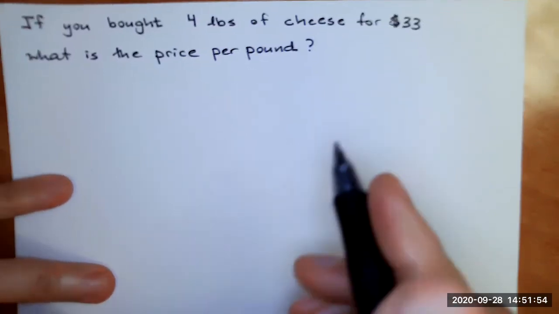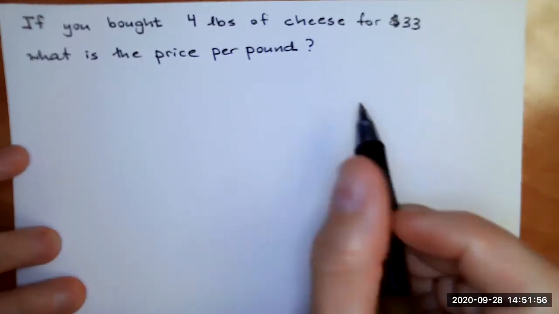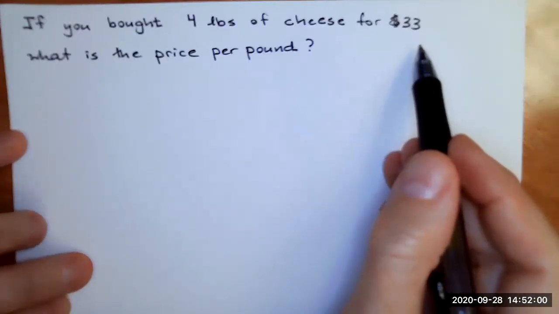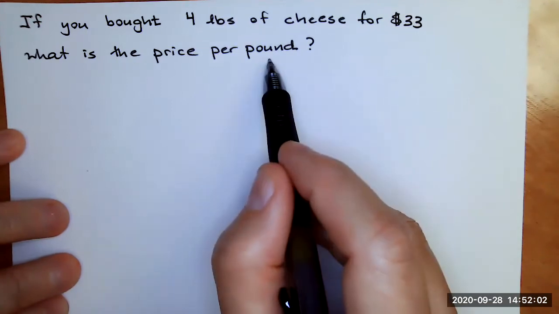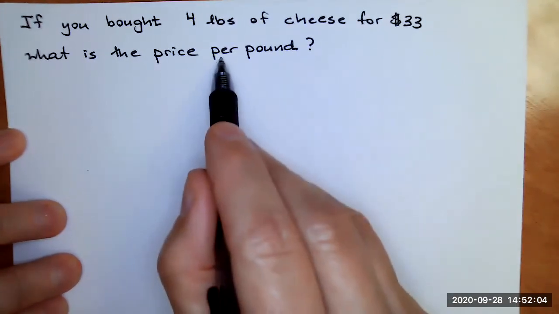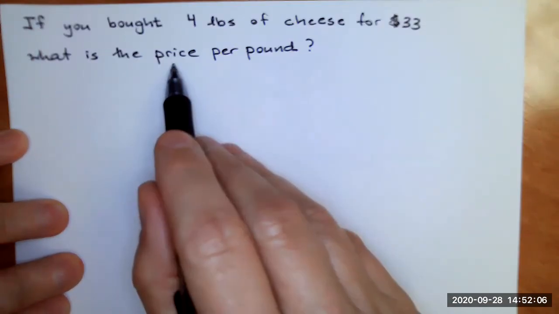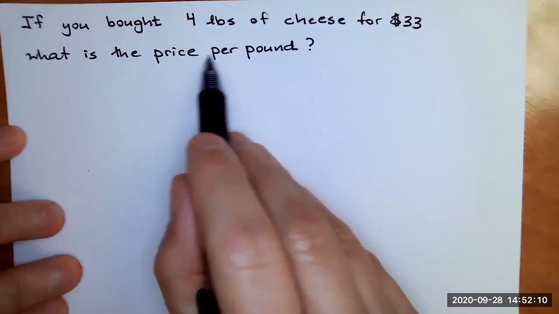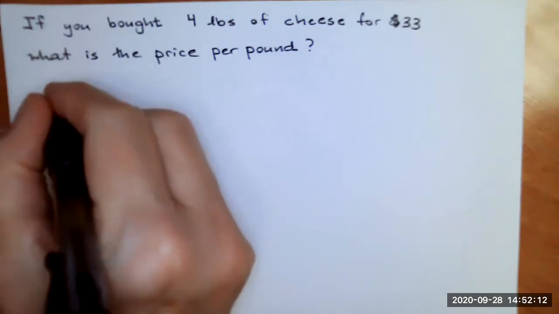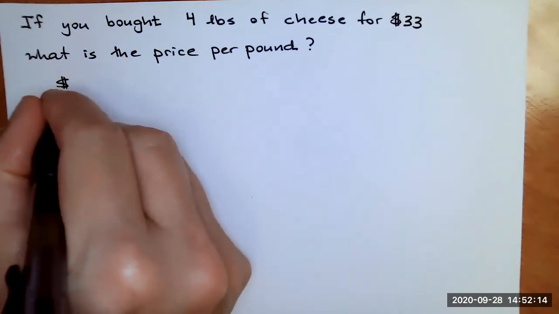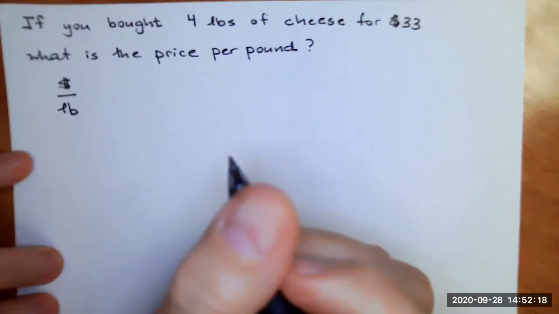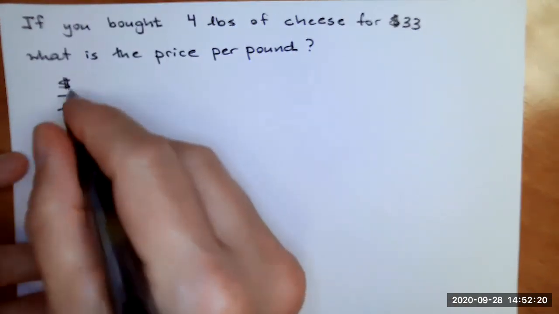All right, let's do a word problem example. If you bought 4 pounds of cheese for $33, what is the price per pound? So because we have the word per relating the dollars and the pounds, you know it's a rate problem. So that rate is dollars per pound. So let's write the rate equation.